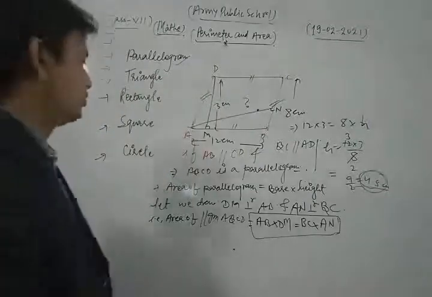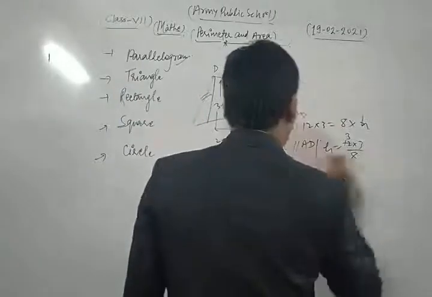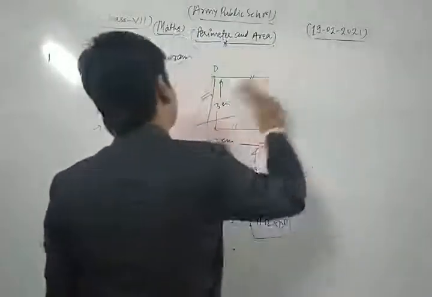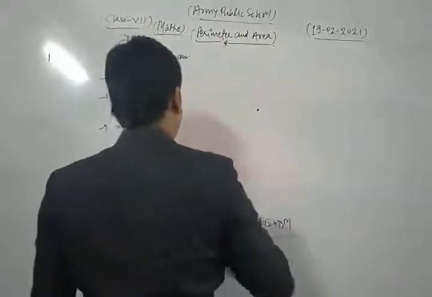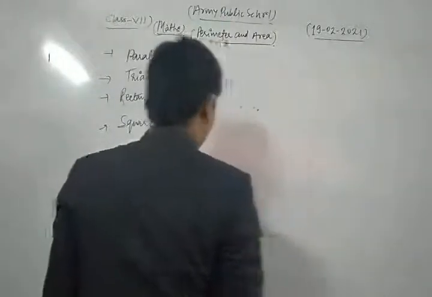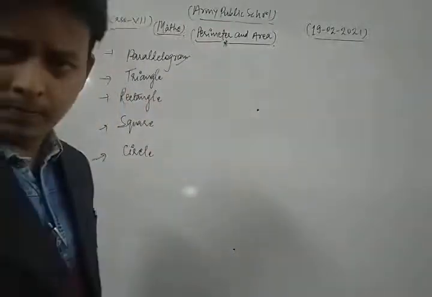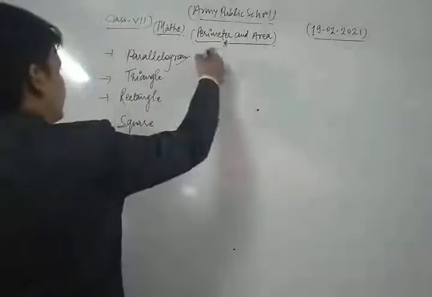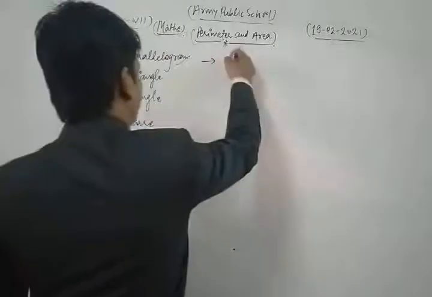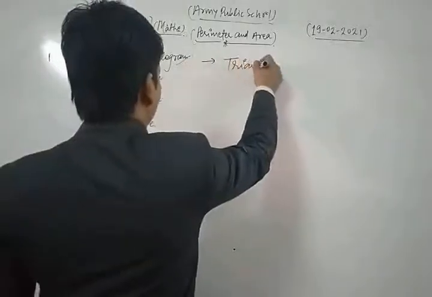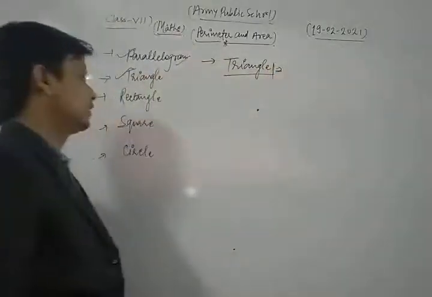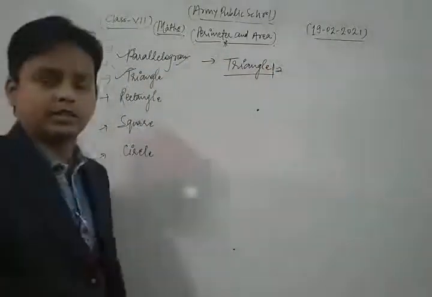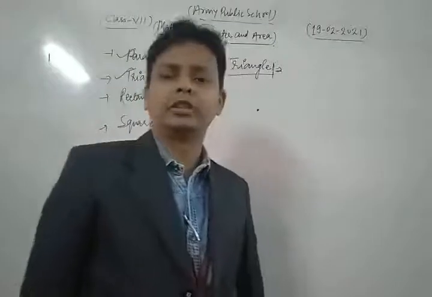Let's see, dear students. Now we are going to take the next topic of that chapter, which is triangle. You know that a triangle is a triangular shaped figure bounded by three line segments.